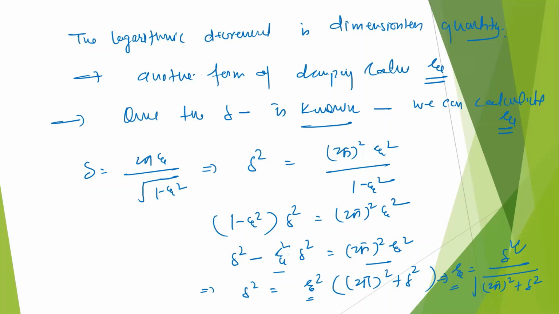This logarithmic decrement can also be found if we measure the amplitude of two displacements separated by m cycles. Let's say x1 and x(m+1) represent the two amplitudes at time t1 and t(m+1), which equals t1 plus m times tau d.